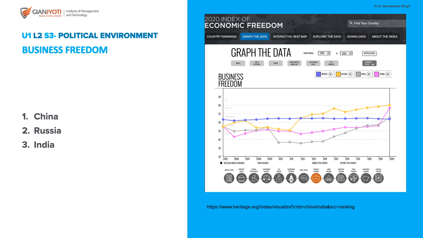So these are the parameters which are given at the bottom, which you can take. Now, for example, I have picked through this website business freedom as one of the parameters, and we are comparing from 2005 till date the data of China, Russia and India, and comparing that with the world average.